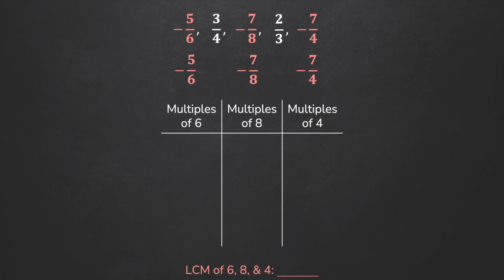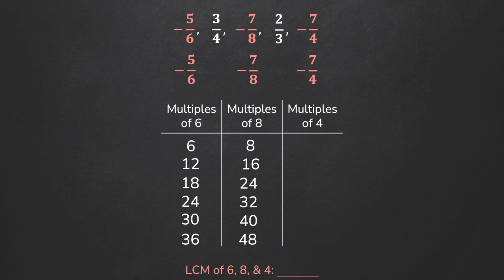So let's start off with our denominator of 6. Some multiples are 6, 12, 18, 24, 30, and 36. And then some multiples of 8, which is our next denominator, are 8, 16, 24, 32, 40, and 48.